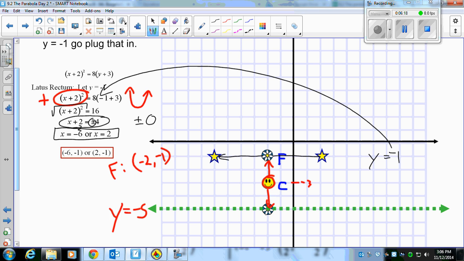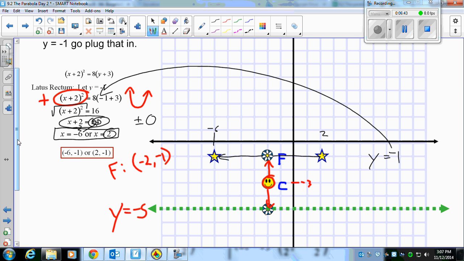If it was negative 4, you get negative 6. If it was positive 4, minus 2, you get 2. So we get the values negative 6 and 2 for our latus rectum points, and those points will be directly out here.